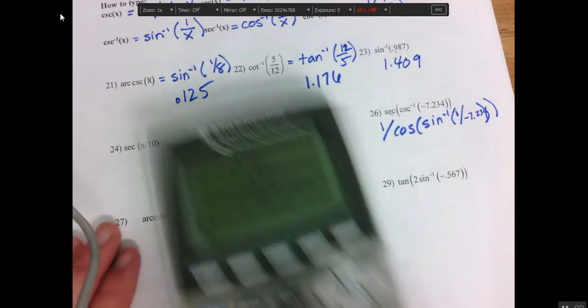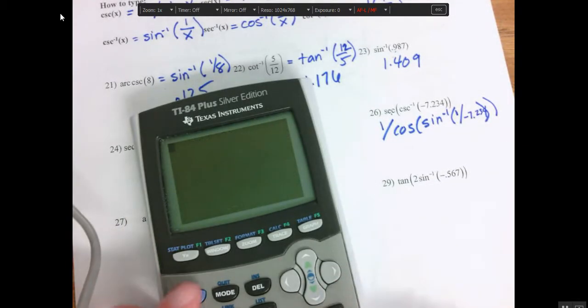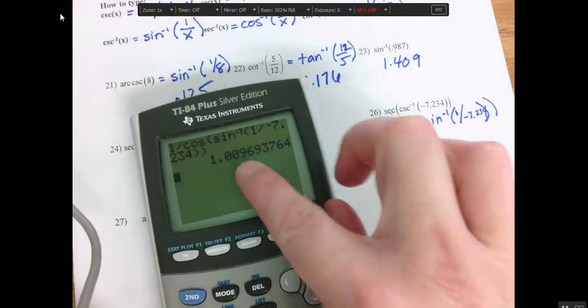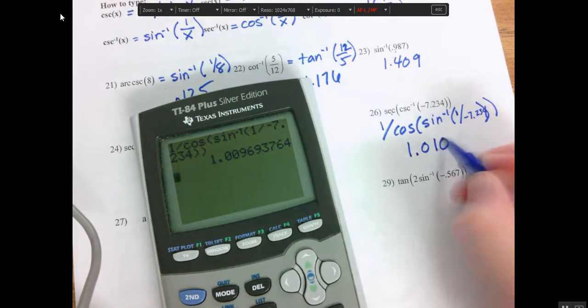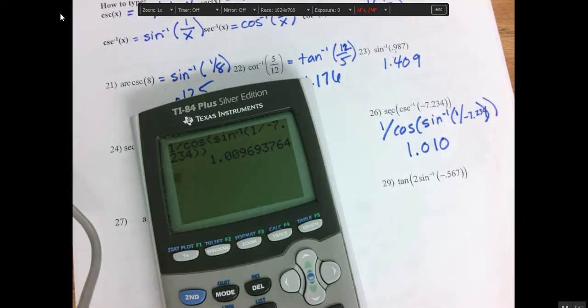That's a tough one. So we're actually doing 1/cosine. Yeah, so you're going to do 1/cosine, and then you're going to do inverse sine. Okay, so I got, this 9 actually rounds up, so it's going to be 1.010. All right, and then you can find the rest of those on Blackboard.